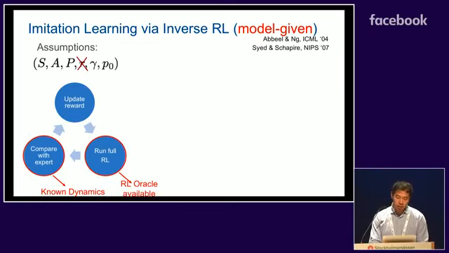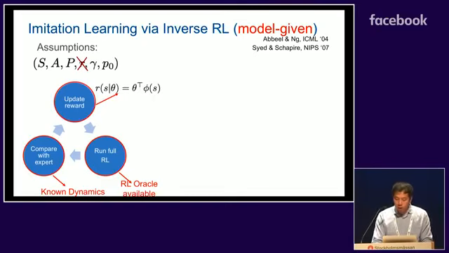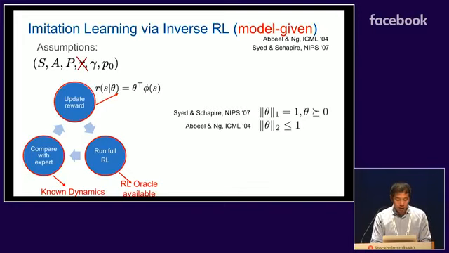And usually that means that we have a small enough state space so that this can be done efficiently. And importantly, the reward function we're interested in for now is linear in the known features of states and actions. The class of reward functions covered in Syed and Schapire in 2007 is those with L1 norm exactly equal to 1. And the class of reward functions considered under Abbeel and Ng is those with L2 norm less than or equal to 1.